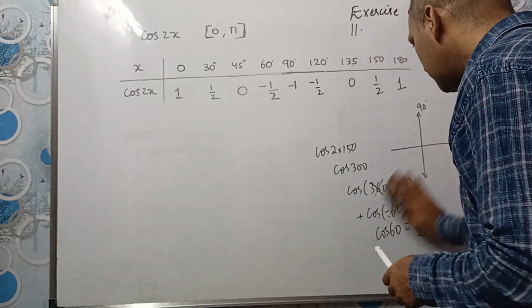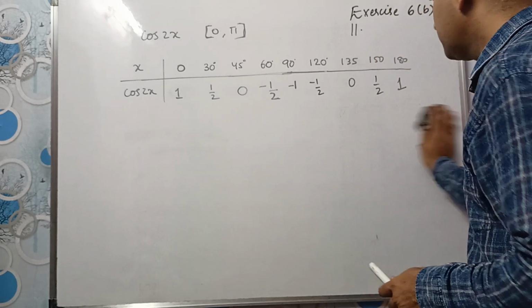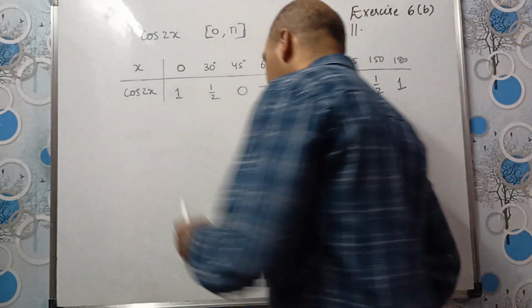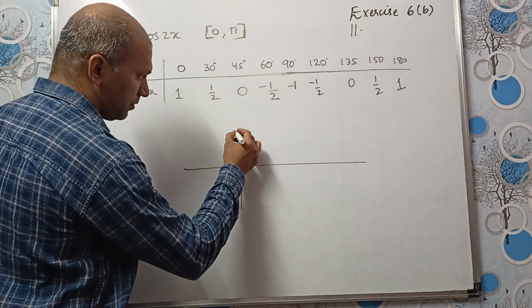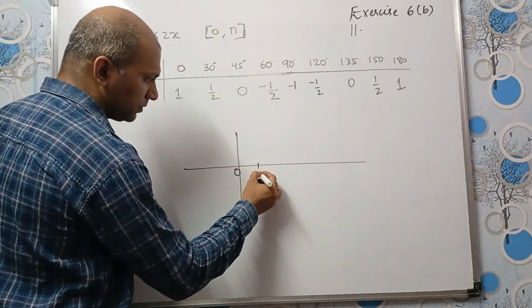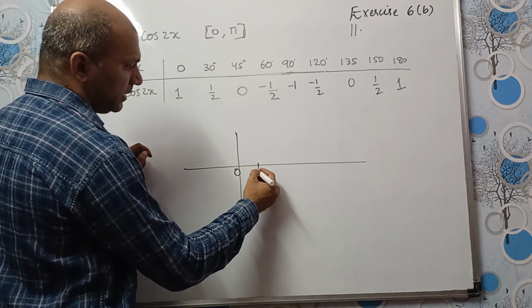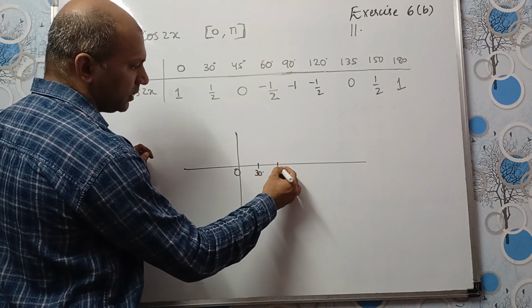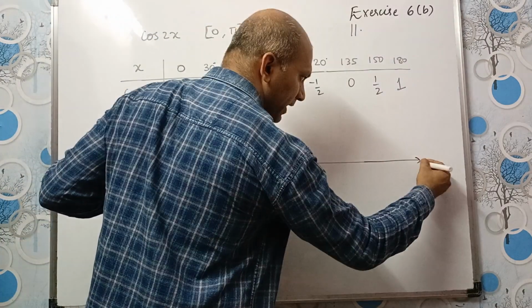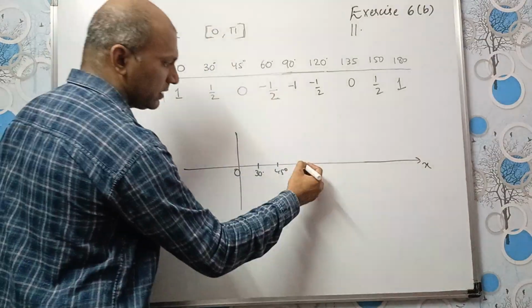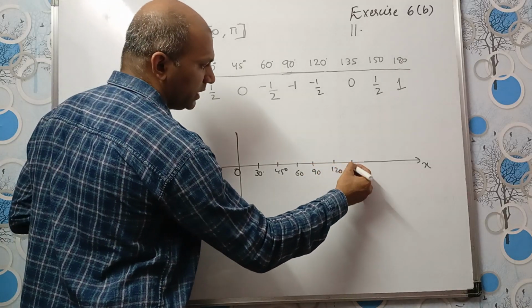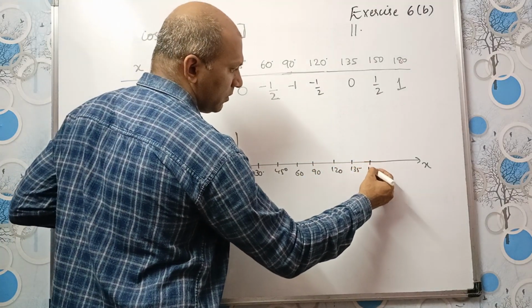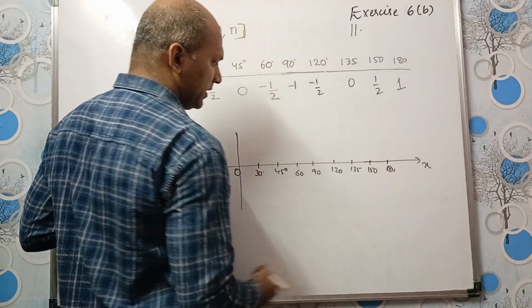Now let us plot the graph of this. The x values are 0, 30 degrees, 45 degrees, 60 degrees, 90 degrees, 120, 135, 150, 180, right?